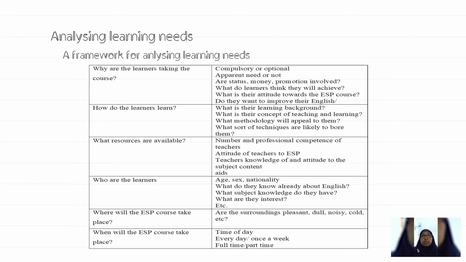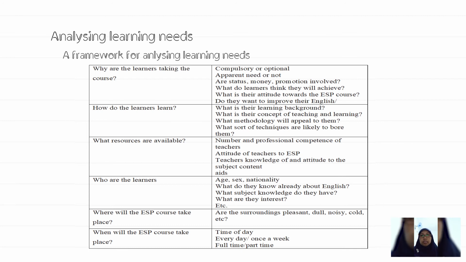And then the analyzing question on what resources are available. This will help us to answer with the point of number and professional competence of teachers, and then attitude of teachers to ESP, teachers' knowledge and attitude to the subject content, and also the aids.